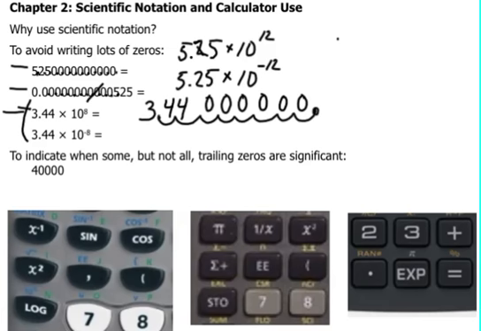And if you're going the other way and you have a small number with a negative exponent, that means it has to be really small. So you have 3.44.